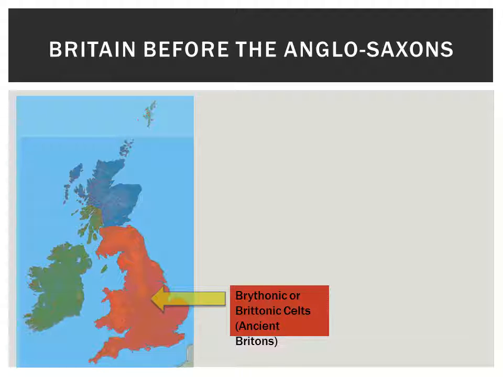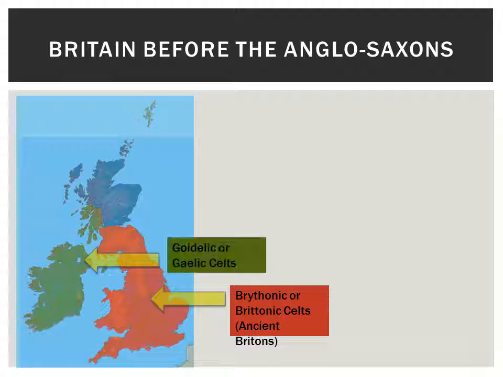It's basically a Celtic country, but they found the Brythonic or Brittonic Celts, we can also call them the ancient Britons. They found these people living in basically this kind of area, which is quite close to what constitutes England today and Wales today. It's not exactly the same border at the north there, but it's roughly similar.